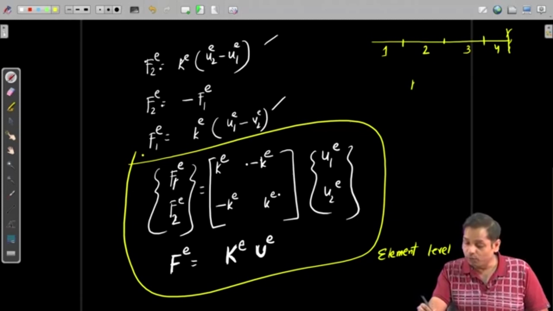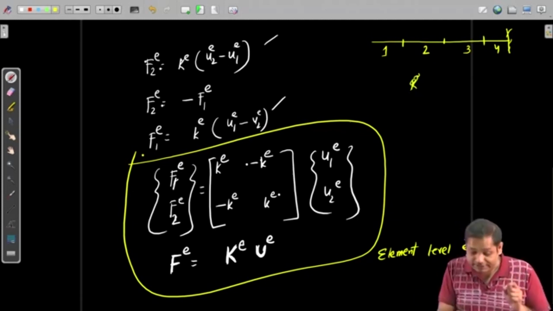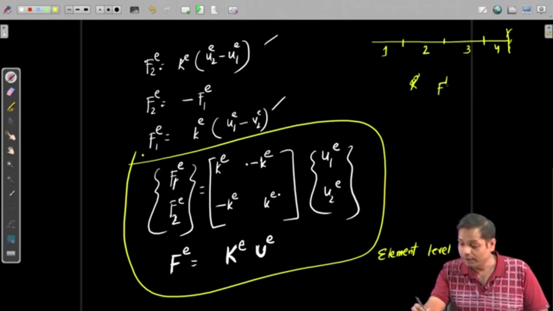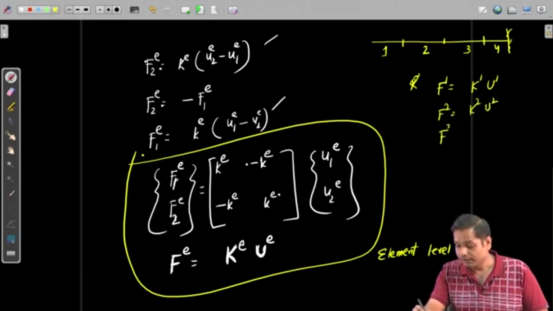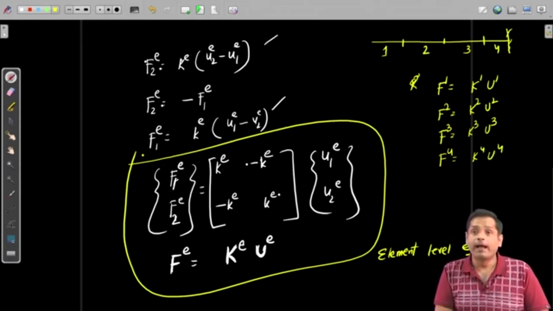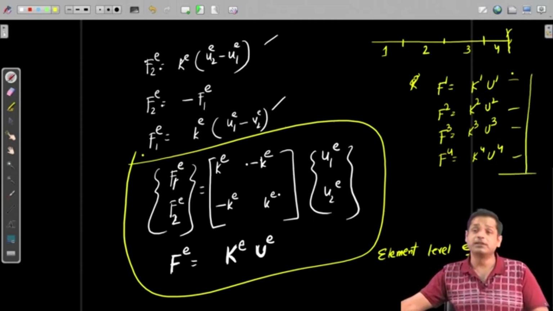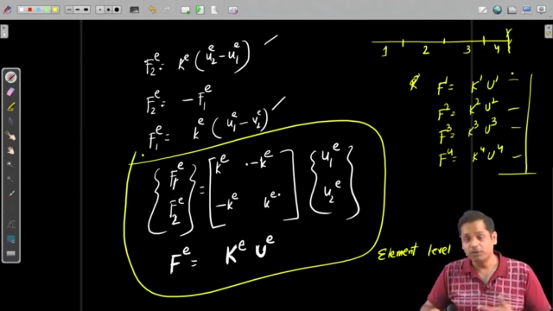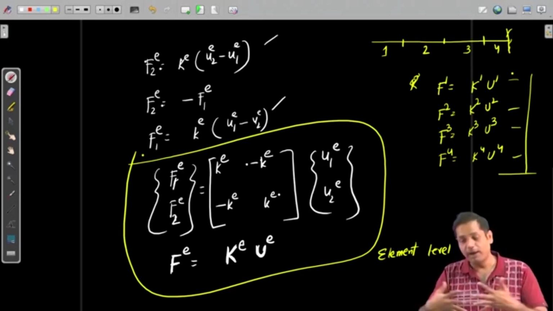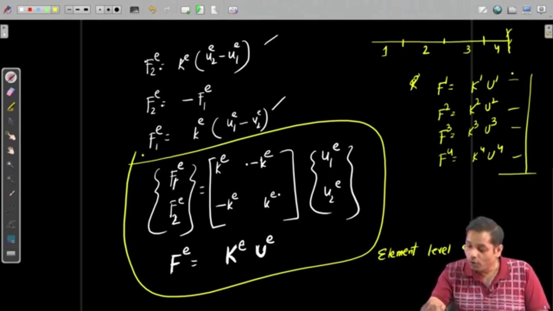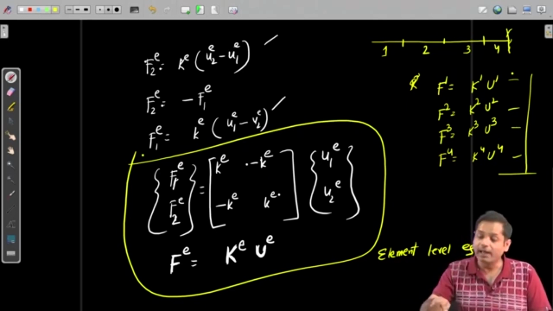Similarly, we need to determine similar kinds of formulation, like F1 is equal to K1 U1, F2 is K2 U2, F3 is K3 U3, and F4 is K4 U4, and all these are for different elements. Once we have the equations for each element, the next step is to assemble these equations to get the global equation, the equations of the entire system.